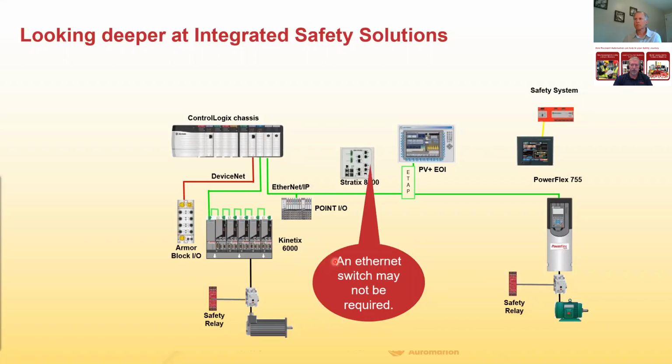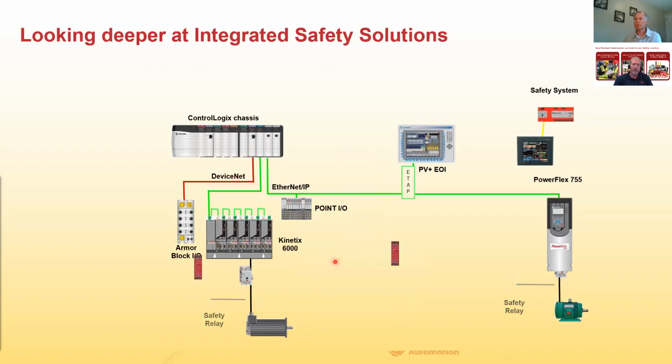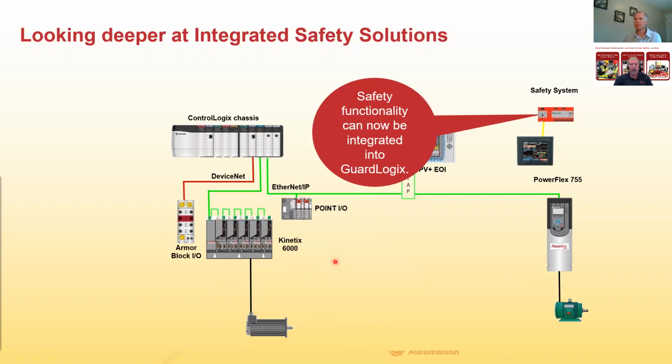We might not need that because, never say never, never say always, the vast majority of the product out there that we offer has 2 Ethernet connections for device level ring or linear. So many times we get rid of the switch. We may not necessarily need the type of control we had previously, managing the safety on the output devices, where we can embed that into the product.